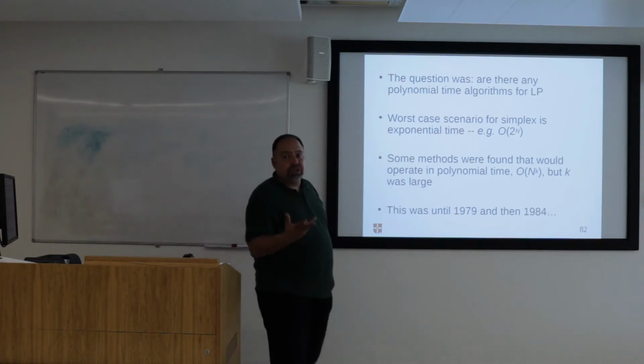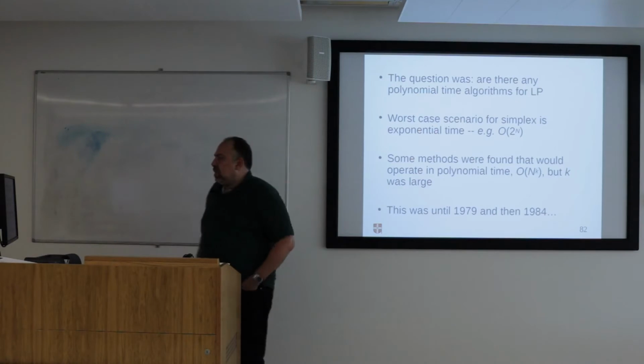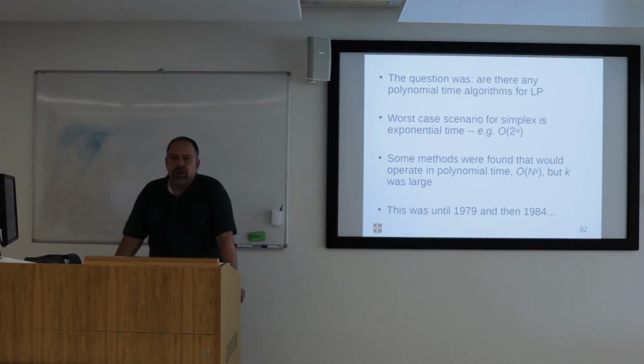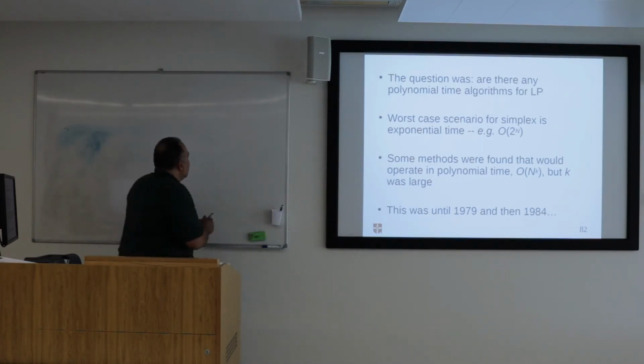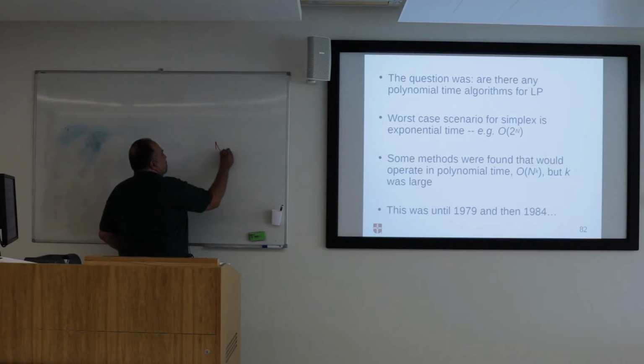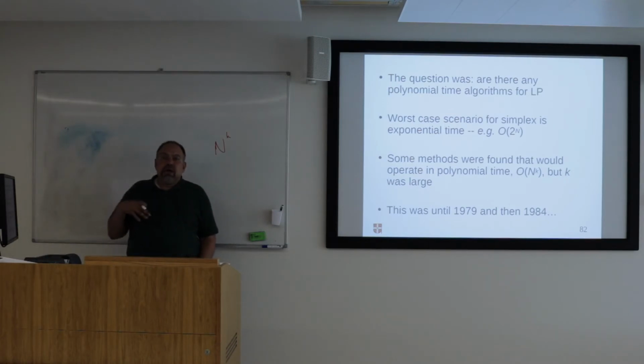Now, there was a big question in linear programming. Are there any polynomial time algorithms to solve the problem? Polynomial time means that, let's say, in terms of the number of variables, if n is the number of variables, is there a low enough exponent k which typifies how many iterations the algorithm will need to converge?